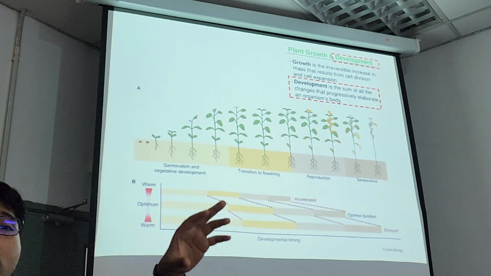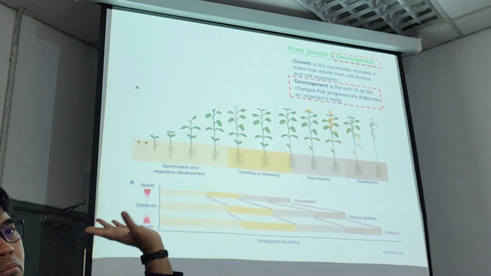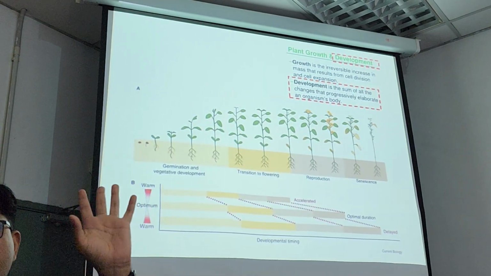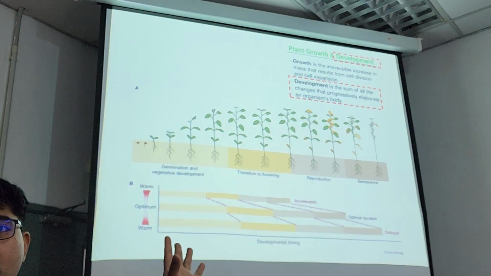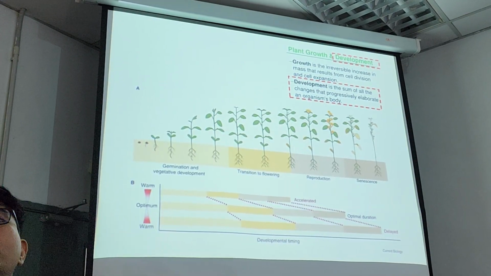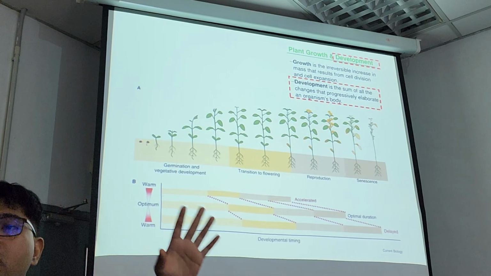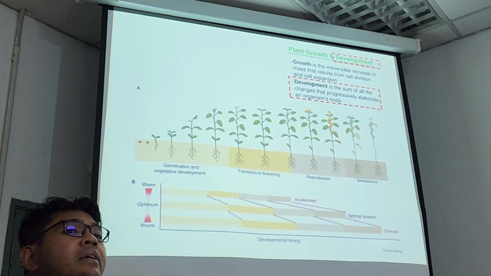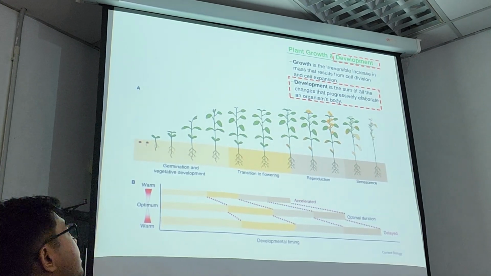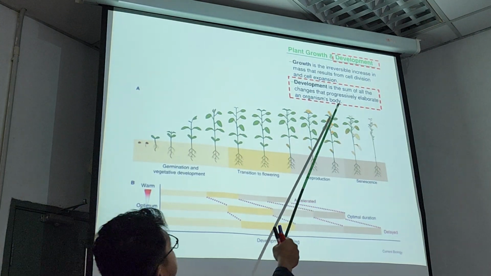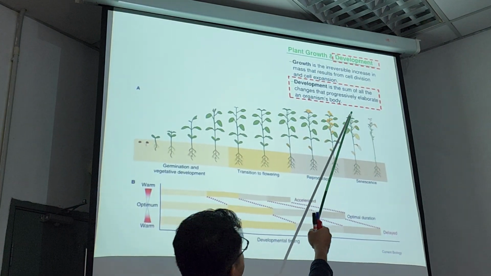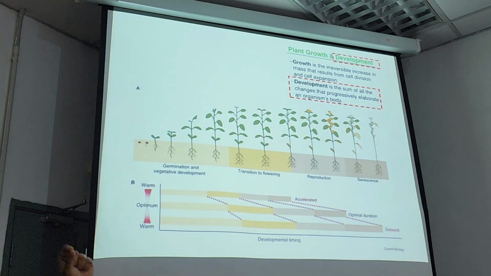It's not becoming tomato, become durian. No, that's development, evolve, morphogenesis. Growth is just simply the enlargement, elongation, volume, becomes bigger. Development, the sum of all the changes that progressively happen in an organism's body.